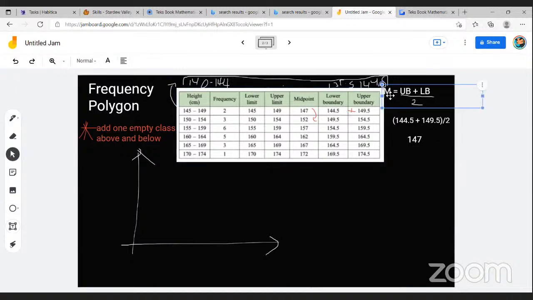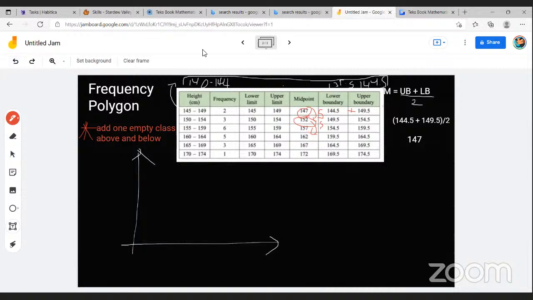Midpoint is the middle part of the two. So upper boundary, lower boundary, you add these two together and then divide by 2. Or if you want to make it faster, you can find the difference between the midpoints you already have. Let's say you have this midpoint and this midpoint. Then you can see that the difference between these two is always 5. It's always adding by 5.